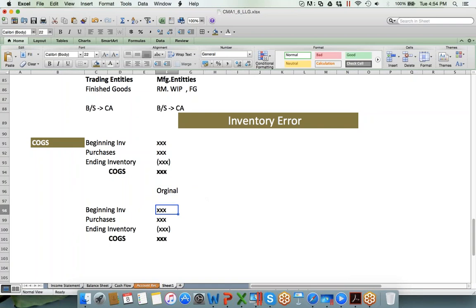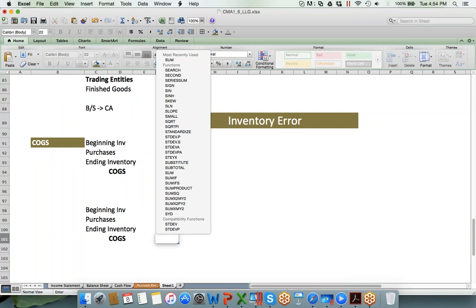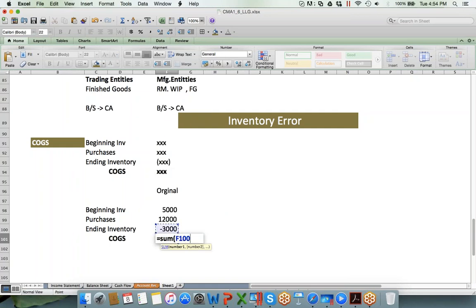Original data: beginning inventory 5,000, purchases say 12,000, 17,000 total, ending inventory 3,000. What is the cost of goods sold? Cost of goods sold is this much.